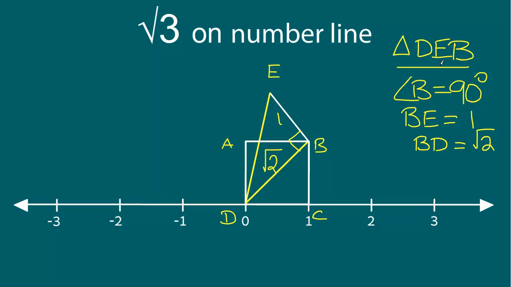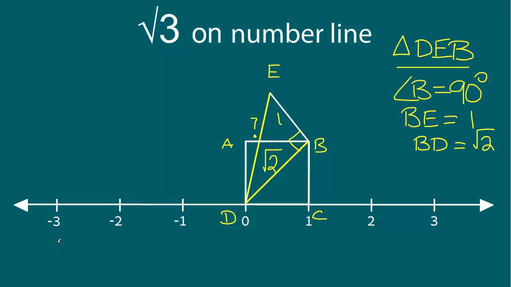Now, because this is a right triangle, DEB, what can we tell about the length DE or this length? So what can we say? What is this length? So as you can see, this is the hypotenuse, right?